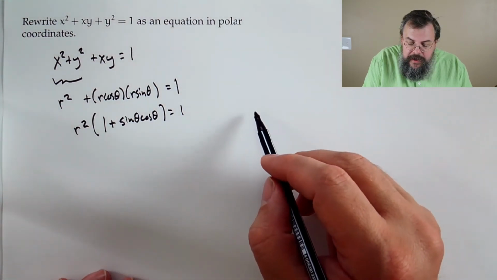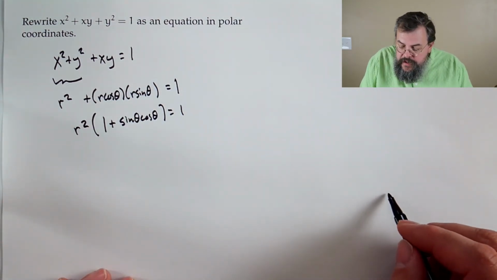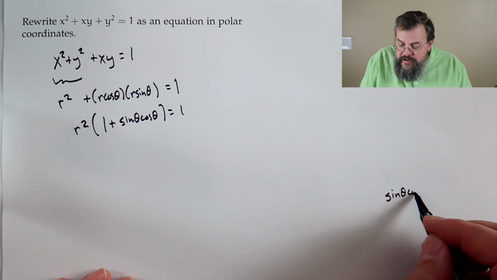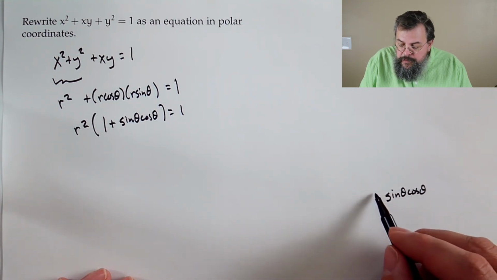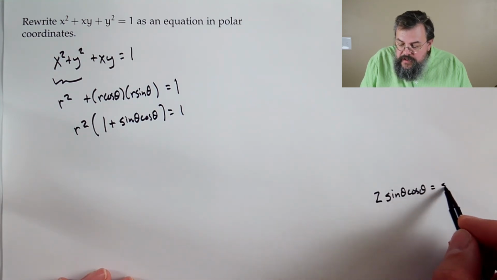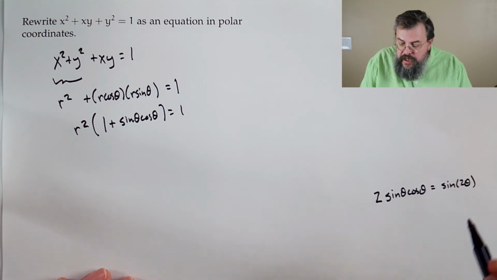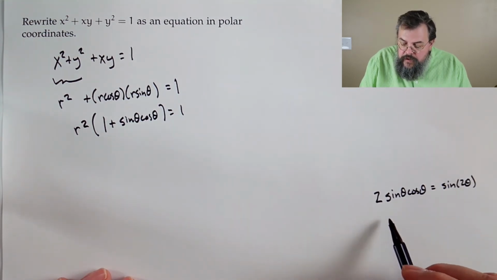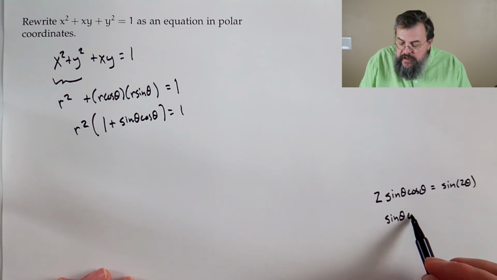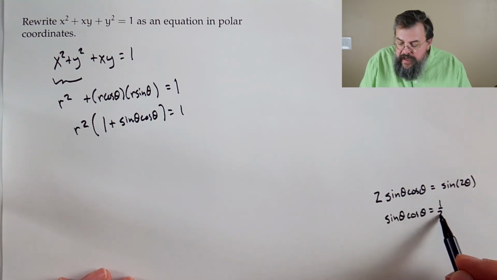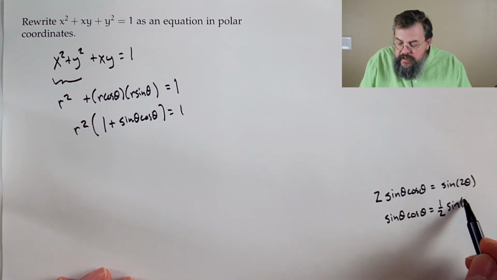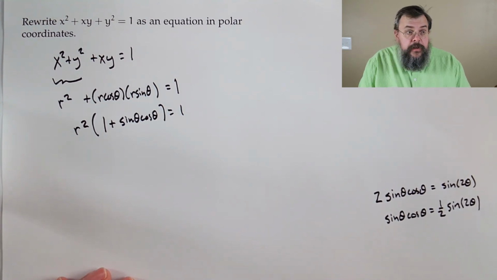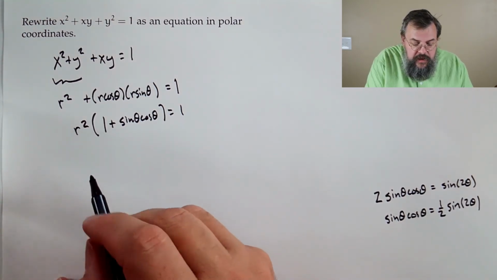So if you make a little note here on the side, I'll put it down in the corner. Sine theta cosine theta. Well, if you were to put a 2 here, that's sine of 2 theta. So that tells us that sine theta cosine theta is actually a half sine of 2 theta. So we can replace this.